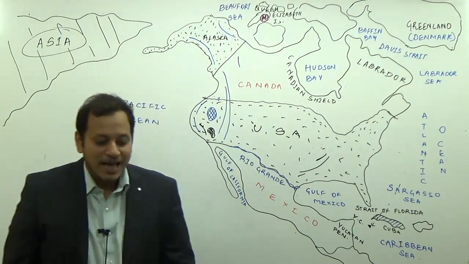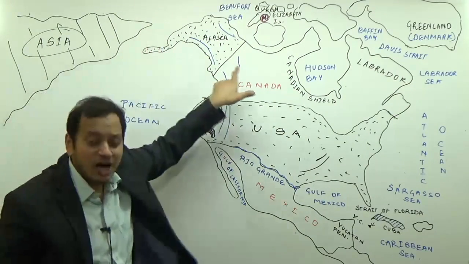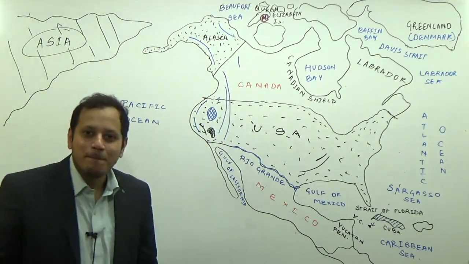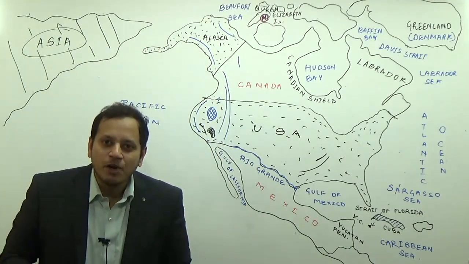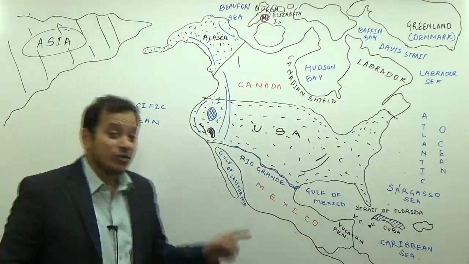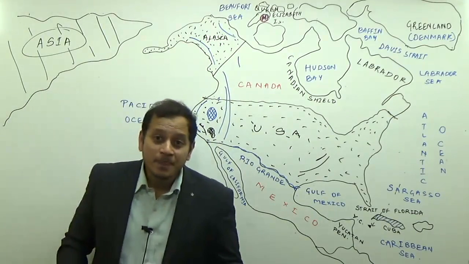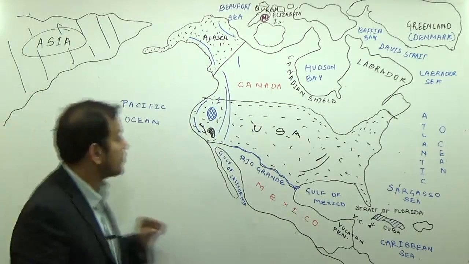It is the part which separates North America from Asia. What is it? It is the Bering Strait. Which strait separates North America from Asia? The Bering Strait. If you remember the oceanography lectures, I had asked you to concentrate on some of the seas, and this was one of them.